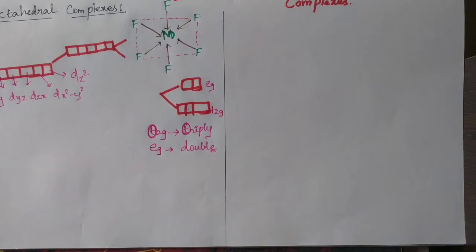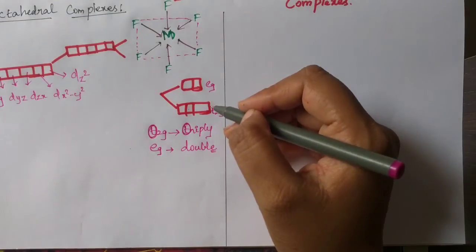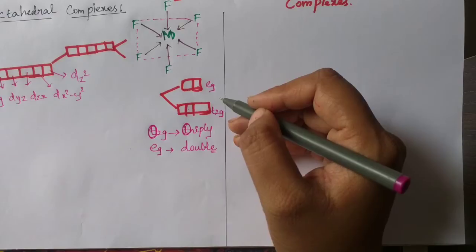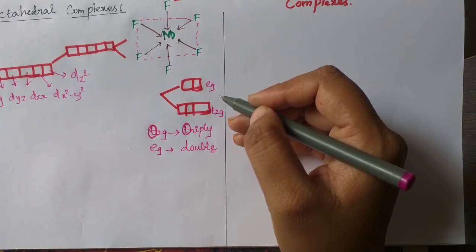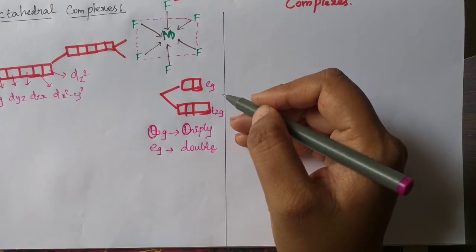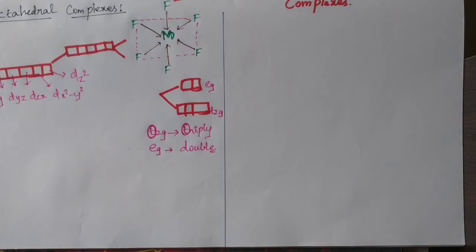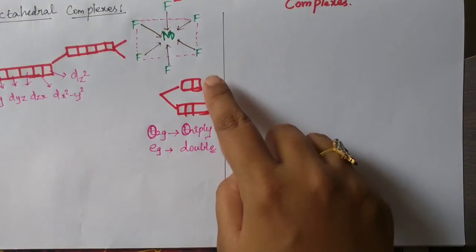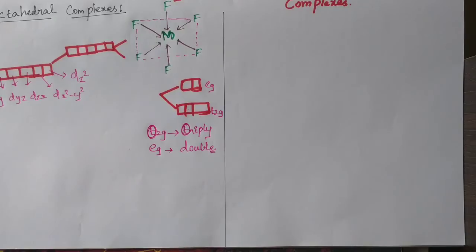Now here, splitting is based on the approach of ligands. Now 2 sets of orbitals are there out of 5. Which one is present in the path of ligands, which one is away? Because we already know that this splitting occurs based on the repulsions between ligand and metal, right? So in the octahedral structure, the Eg orbitals are present along the axis. What are Eg orbitals?